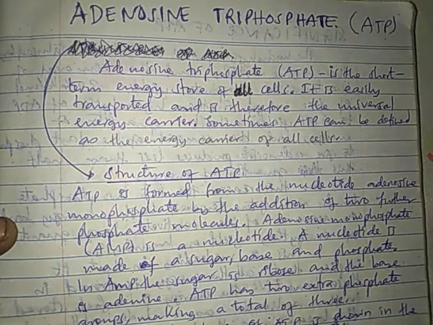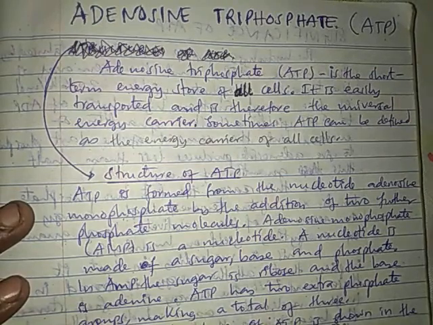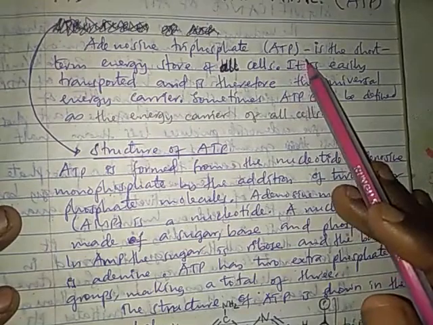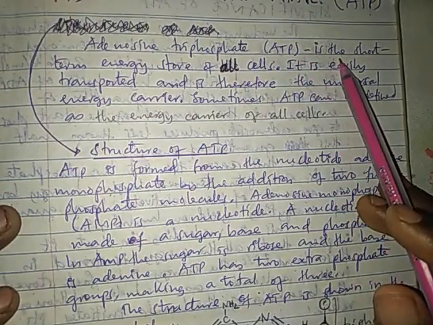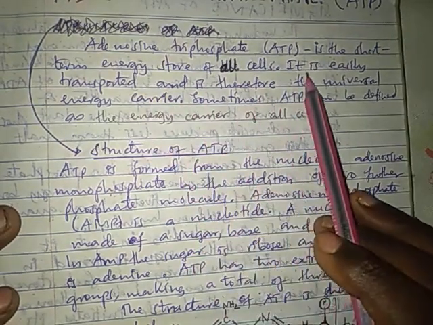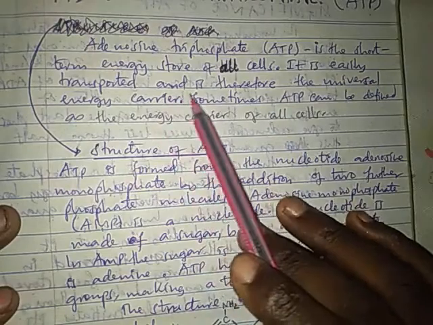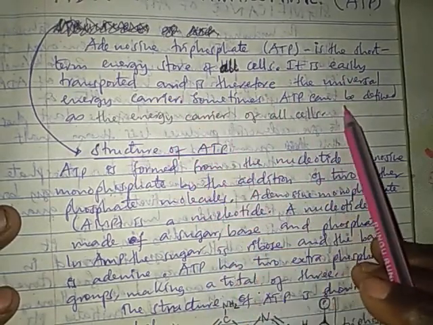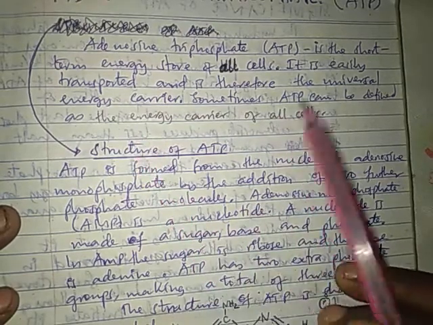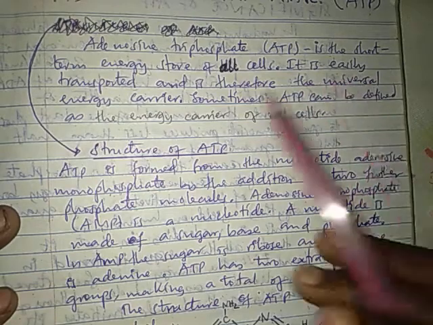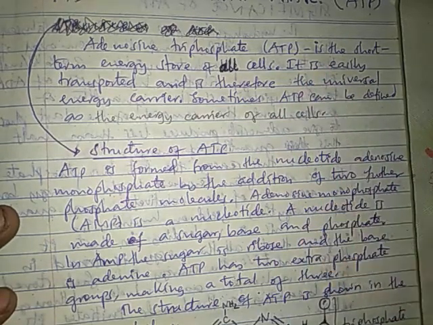ATP is the short form of adenosine triphosphate, and we may say that it is the short-term energy store of the cell. It is easily transported and therefore the universal energy carrier. Sometimes ATP can be defined as the energy carrier of the cell. So this is the short explanation about ATP.